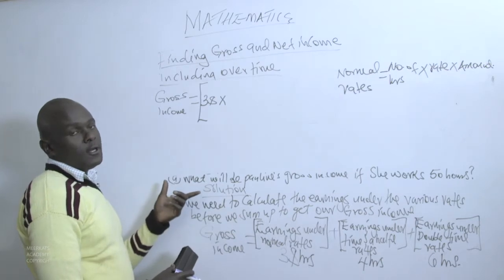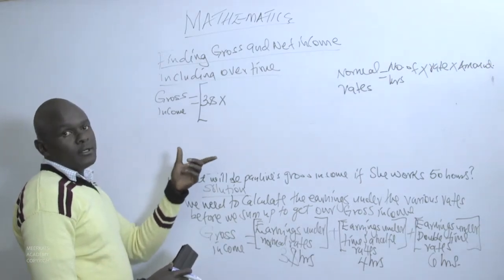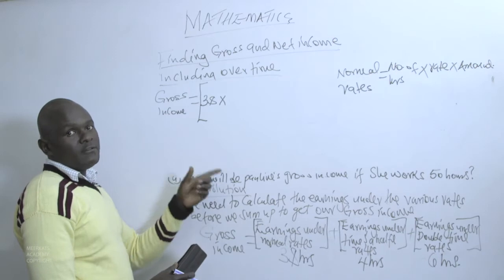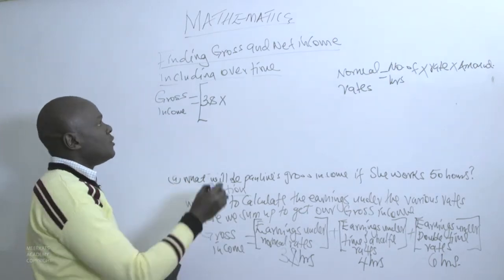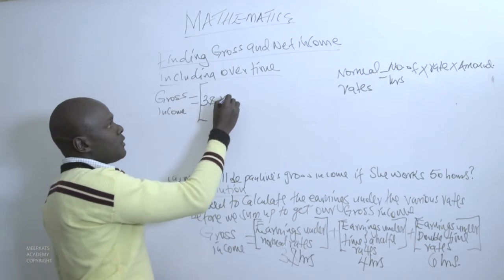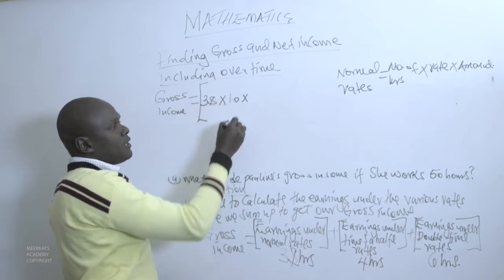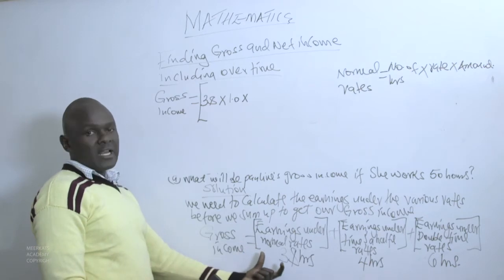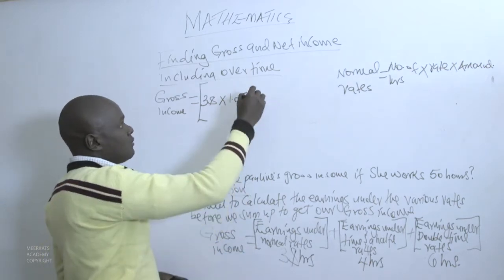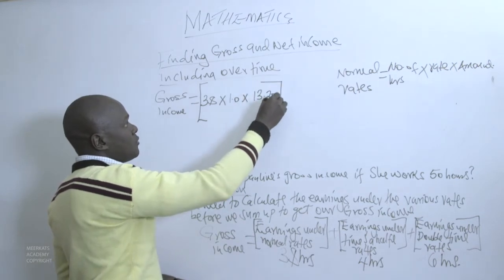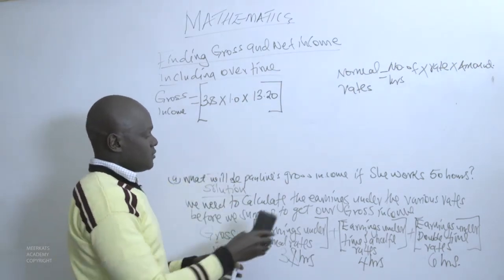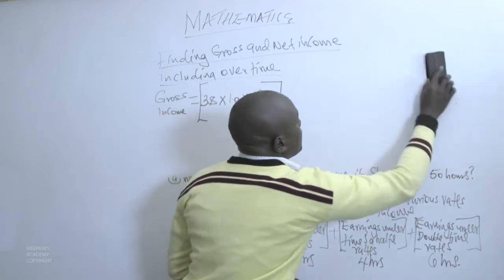For the normal working hours, it is 1, for time and a half, it is 1.5, while double is 2.0. So this will be 38 multiplied by 1.0 multiplied by the amount in that particular category, which is 13.20. This should give us the earnings under the normal rates.